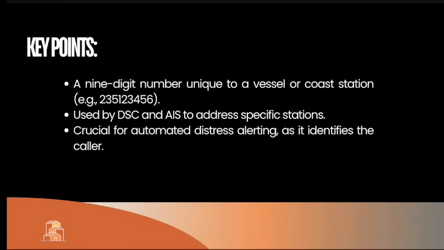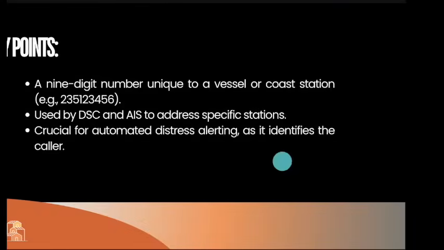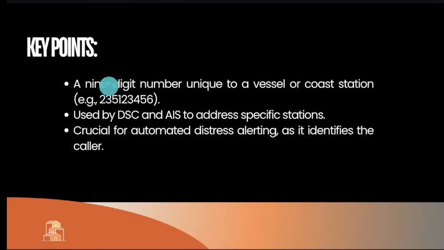So all you have to remember is that the MMSI is a 9-digit number that is unique to a vessel or coast station. We use DSC and AIS to address specific stations, and it is also crucial for automated distress alerting as it identifies the caller.